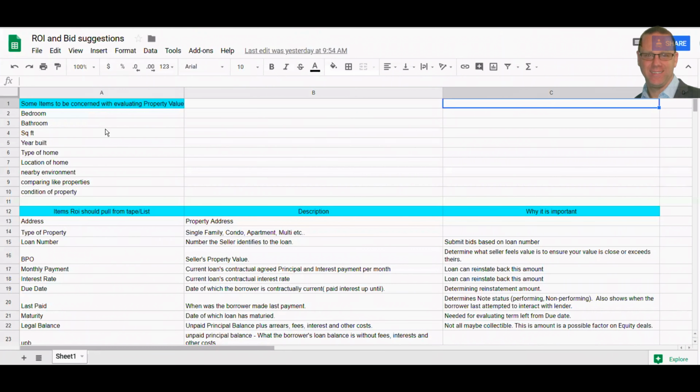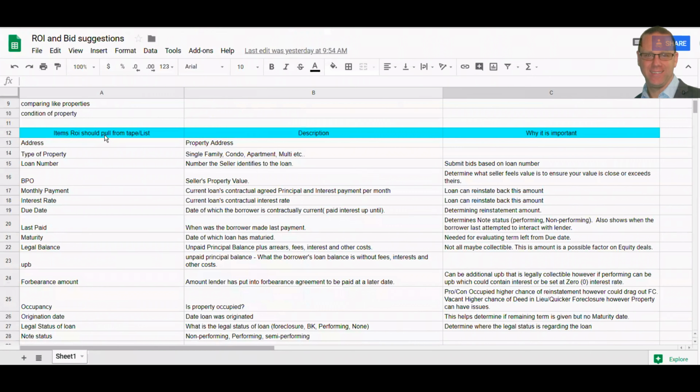Next, what you should pull from your tape. I'm going to expand on this eventually, but I wanted to share some basics. You want to pull into your ROI calculator the property address, the type of property, loan number, and the seller's value, and obviously you can see why it's important. I'll get into more specifics in a few minutes.